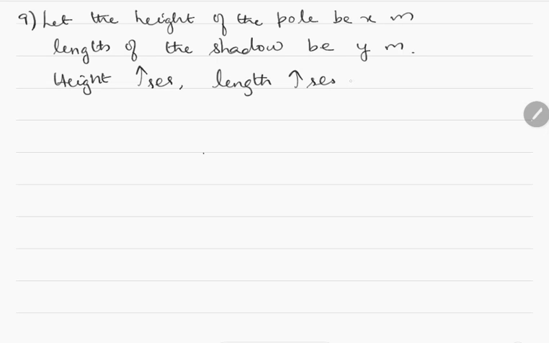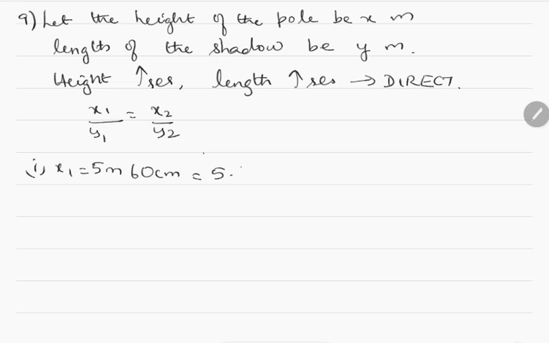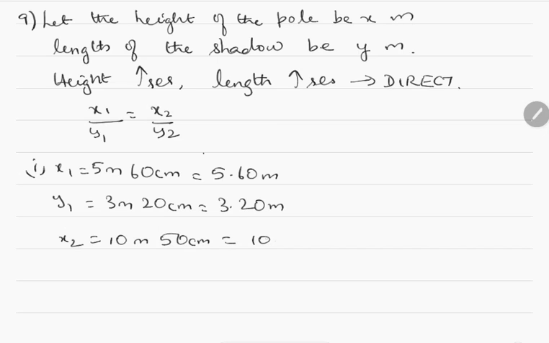So since it is in the same ratio, we can say it is direct proportion. So we can use x1 by y1 equal to x2 by y2. So in the question number 1, x1 is 5 meter 60 centimeter or 5.60 meter. y1 is 3 meter 20 centimeters, which is 3.20 meters. x2 is 10 meter 50 centimeters, which is equal to 10.50 meters.